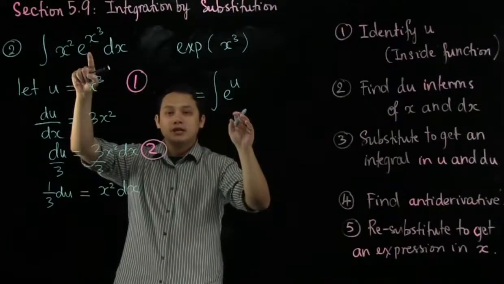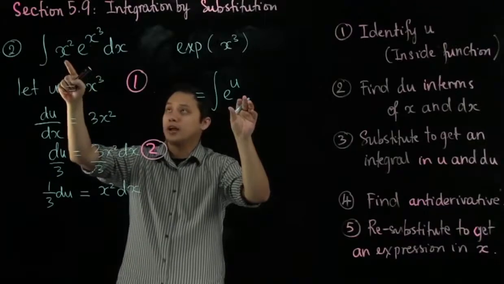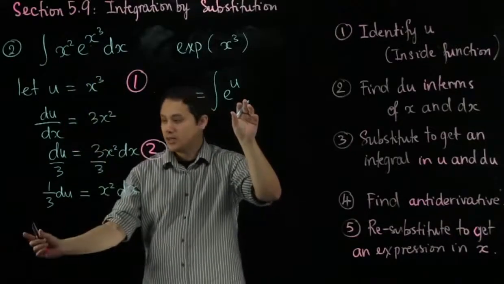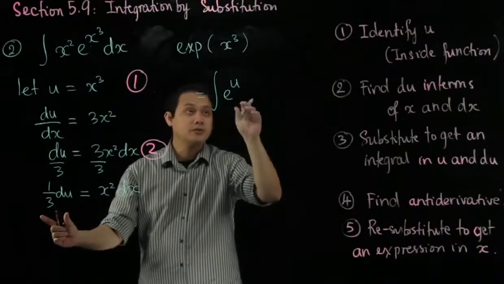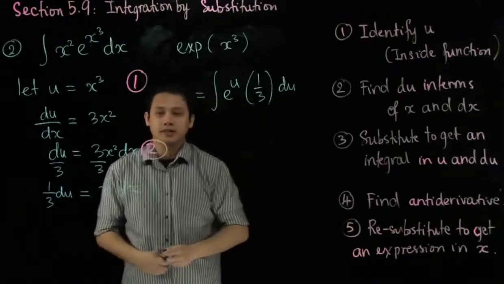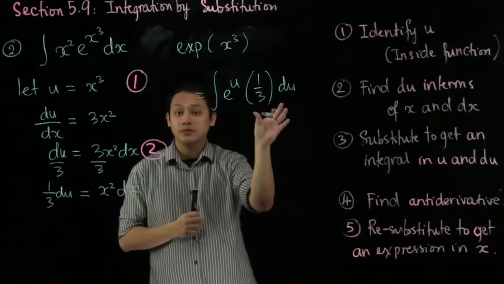So you have e to the x cubed, which is e to the u. You are left with x squared dx. And what is x squared dx equal to? It's equal to 1/3 du. So you write 1/3 du. So this is the third step. You get the new integral in terms of u and du.